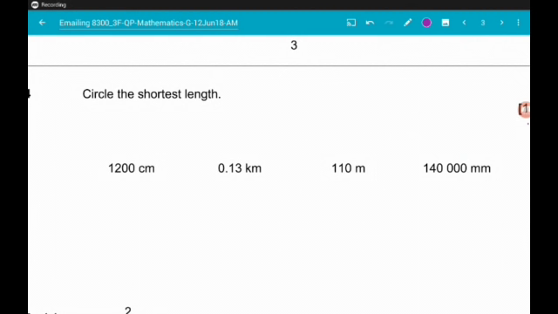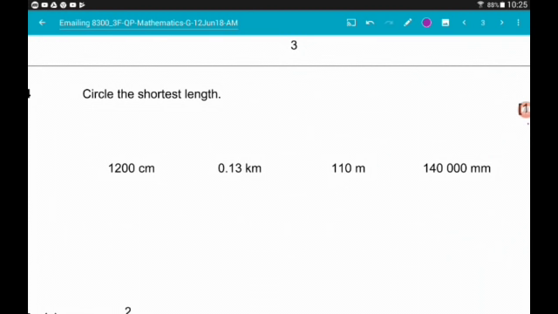Question 4 wants us to circle the shortest length. So we've got 1,200 centimetres, 0.13 kilometres, 110 metres, and 140,000 millimetres.